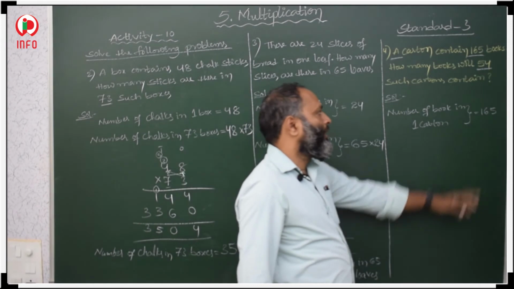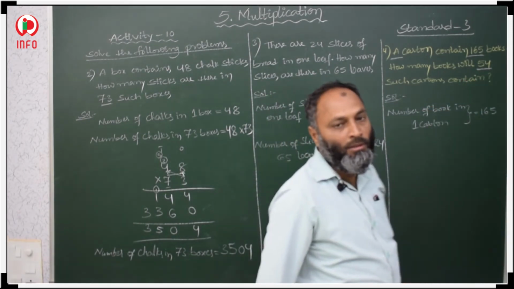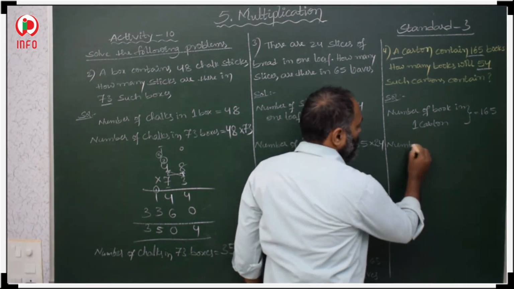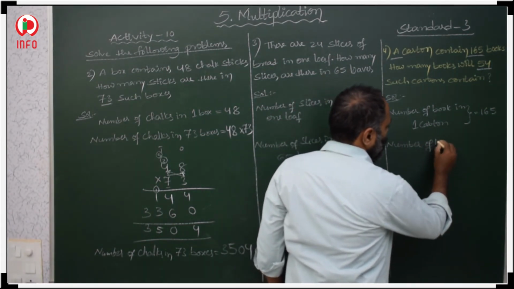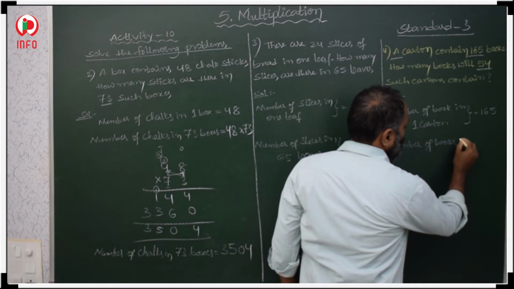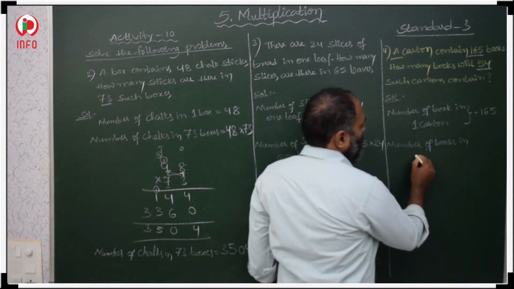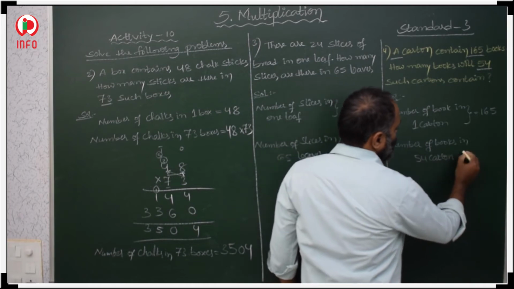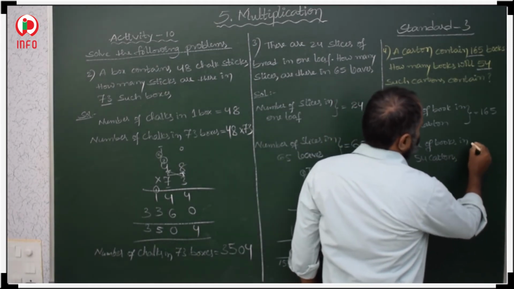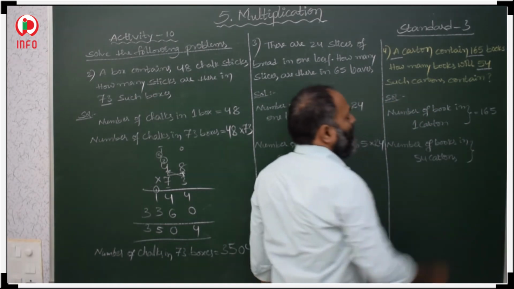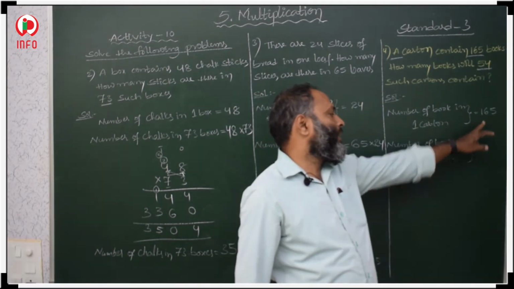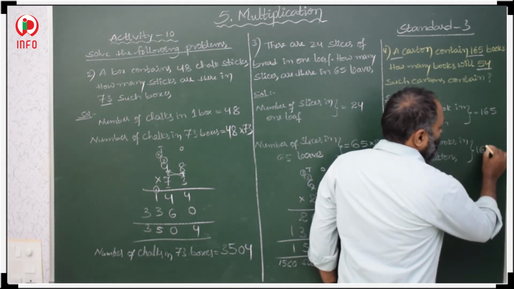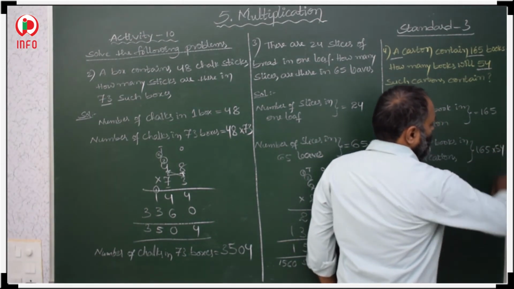Then now we have to find the number of books in 54 cartons. That is equal to, we have to multiply 165 with 54.